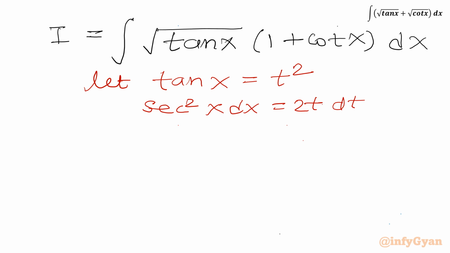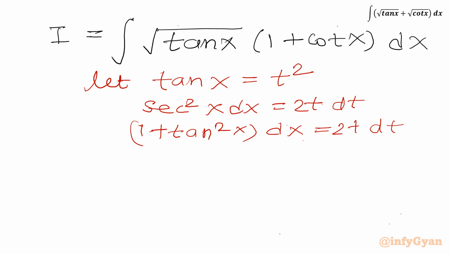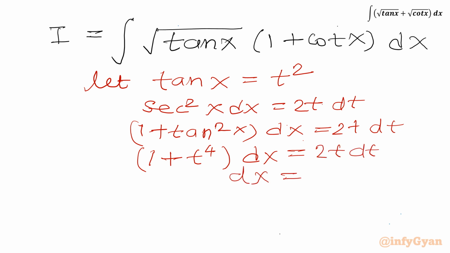Sec square x, I can write 1 plus tan square x using the formula, times dx equal to 2t dt. So tan x is t square, tan square x will be t power 4. So 1 plus t power 4 times dx equal to 2t dt. So we can write dx is equal to 2t over 1 plus t power 4 dt.